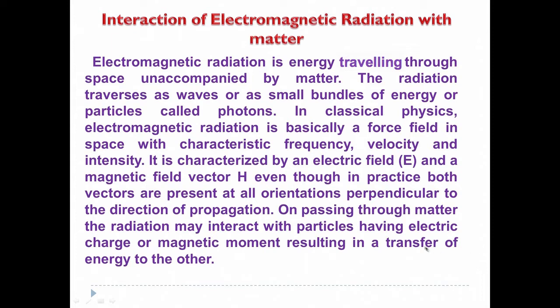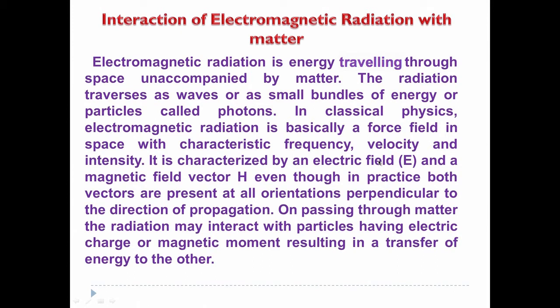Frequency has its own unit, distance covered per unit time is the velocity, and intensity is the amount of energy in the bundle of energy we have been discussing. So, basically it is characterized by an electric field and a magnetic field.